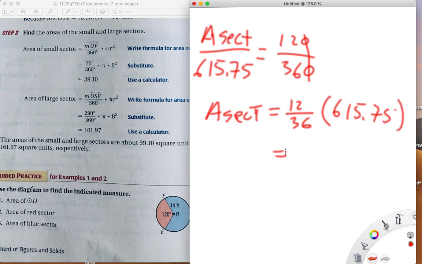That will give me approximately 205.25 feet squared. So that's how you get the area of the red sector.